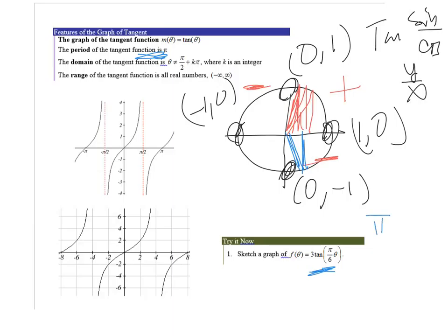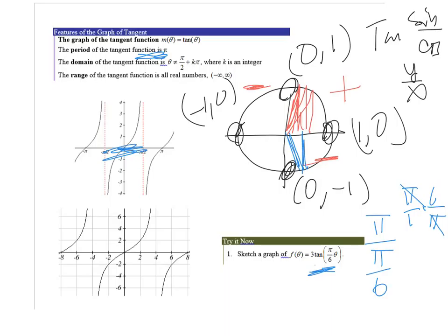Well, pi divided by pi over 6, and I'm using pi because it takes pi units to have it repeat. So pi over 1 times 6 over pi, the pi's cancel out, and I'm left with a period of 6.